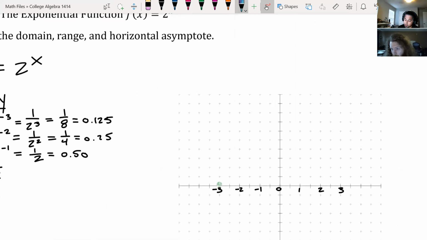So right around there. -2 is a quarter, not much higher than the last one. -1 is a half. 0 is 1. 1 is 2. 2 gives me 4. And 3 gives me 8. Okay. So here is what our exponential function of 2 to the x looks like.